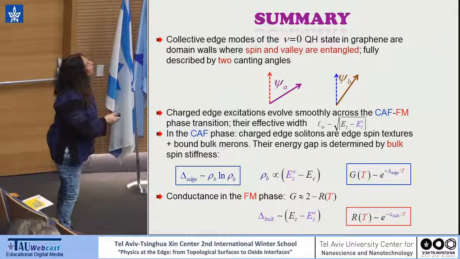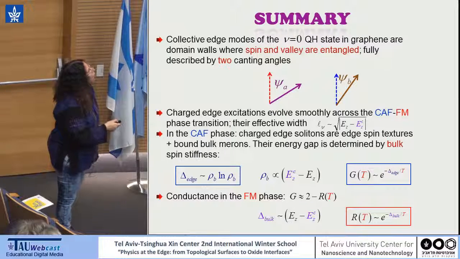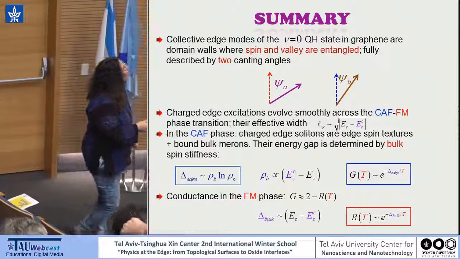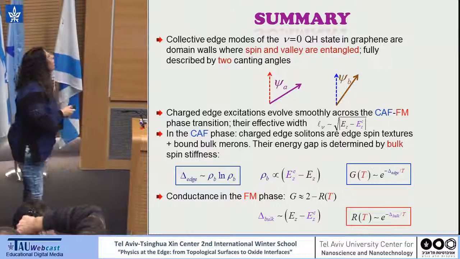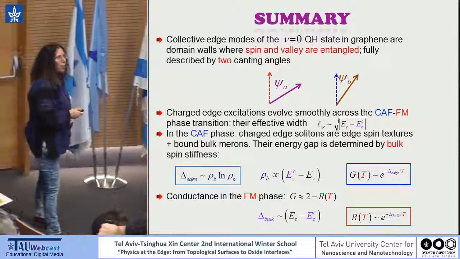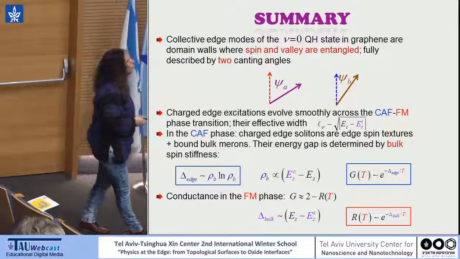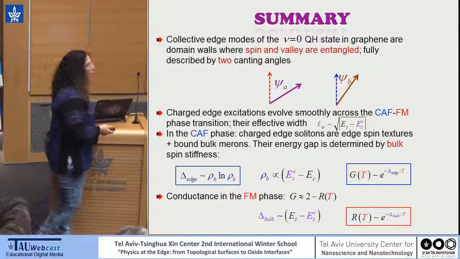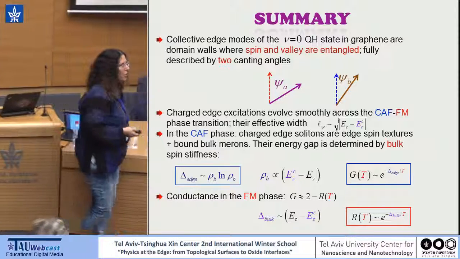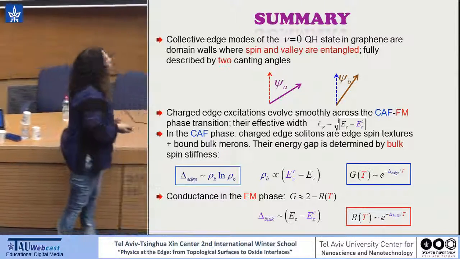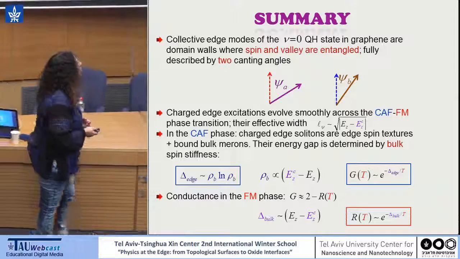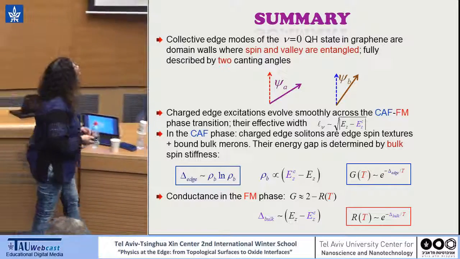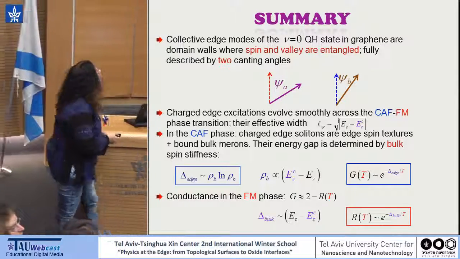So let me summarize. I argue that in the mu equal 0 quantum Hall state in graphene, the transport is dominated by collective edge modes. There are in fact some kind of spin waves that carry charge, but couple also to spin waves in the bulk that control their transport properties.